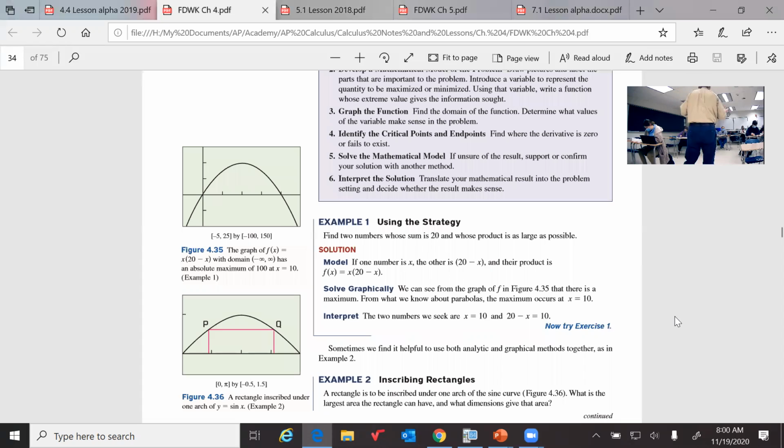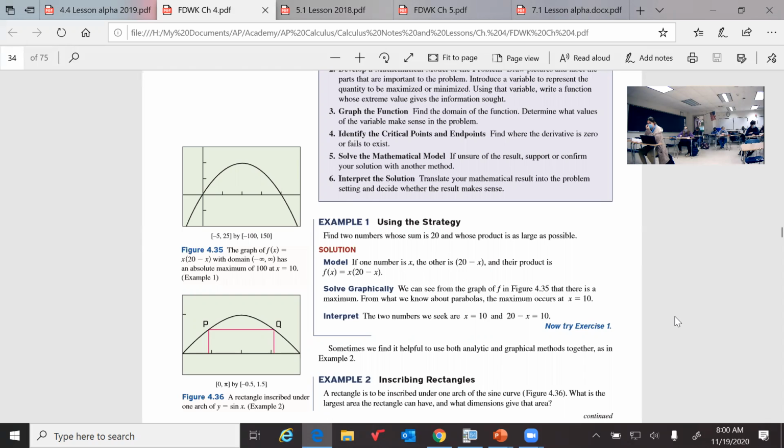If one of them is an unknown, we would identify it by a variable, yes? So you say, okay, the first number is x, and you have to add something to x so you end up with 20, because the two numbers have to add up to 20. So what do you add to x to give you 20?